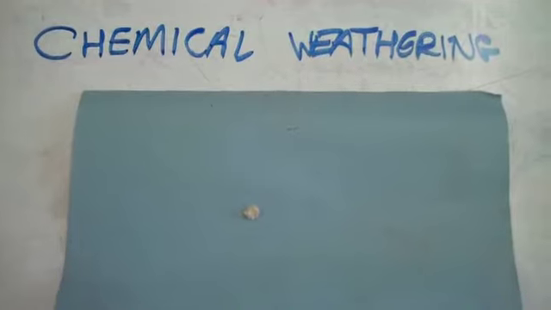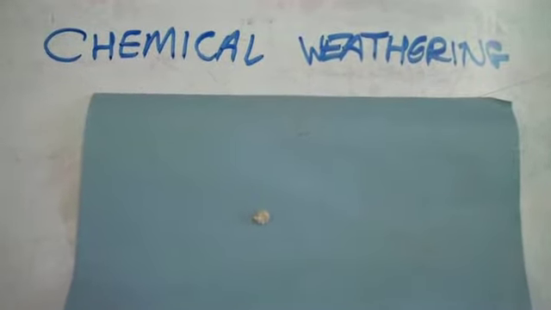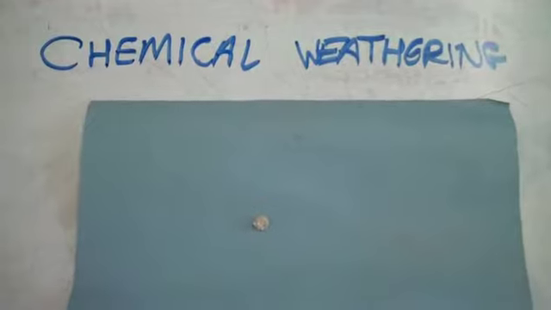Chemical weathering, on the other hand, is when the rock can physically be broken down as its chemistry changes.